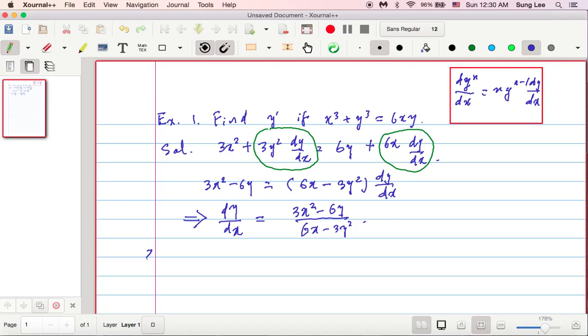Now moving to the next question. What was that? Find the tangent to x cubed plus y cubed equals 6xy at the point 3, 3.